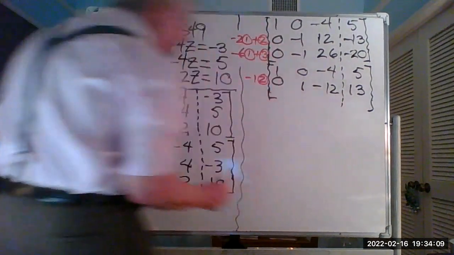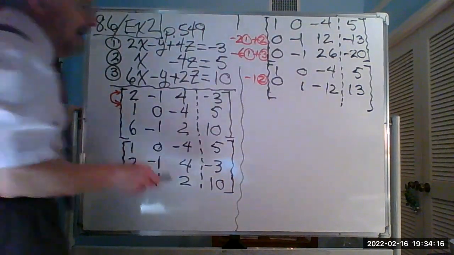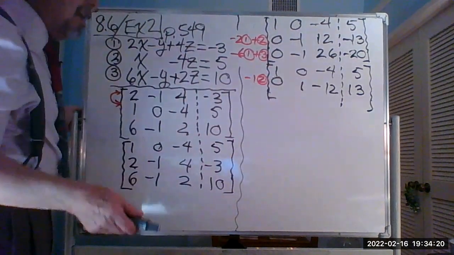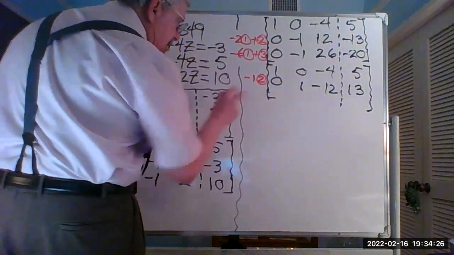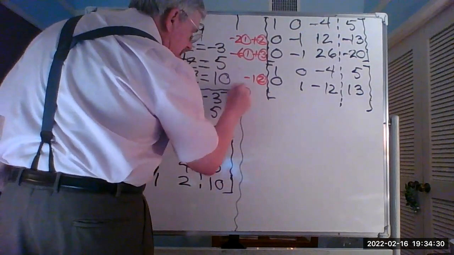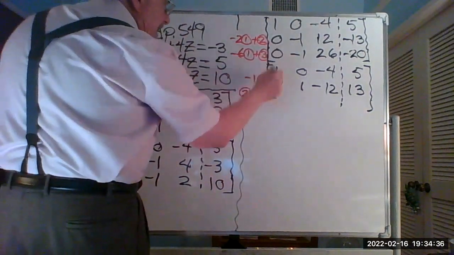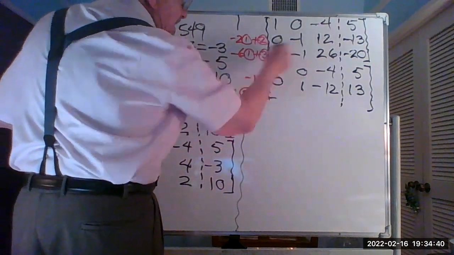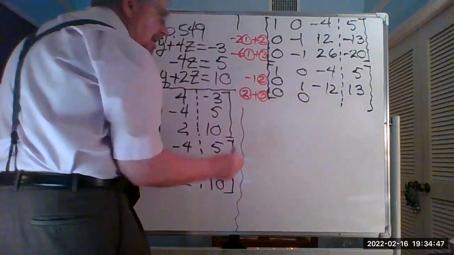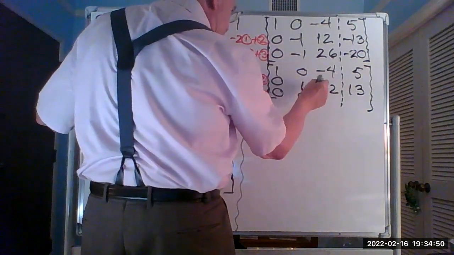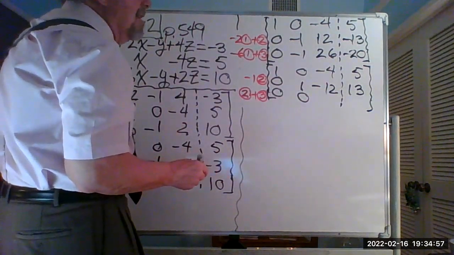Now, I'm going to use this row right here. I just changed the sign in that one. So I'm going to use that row to make this a 0 right here. And notice all I got to do is add row 2 and row 3. So 0 plus 0 is 0. +1 plus -1 is 0. -12 plus 26 is +14.